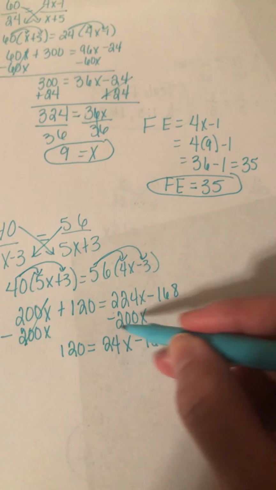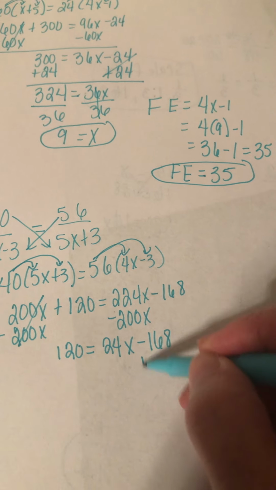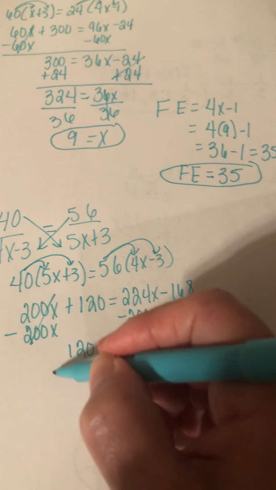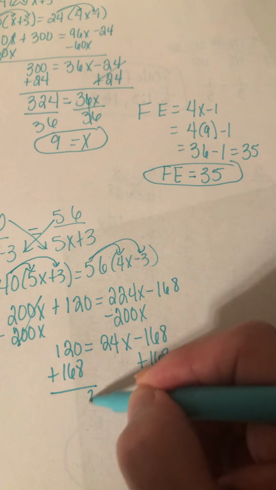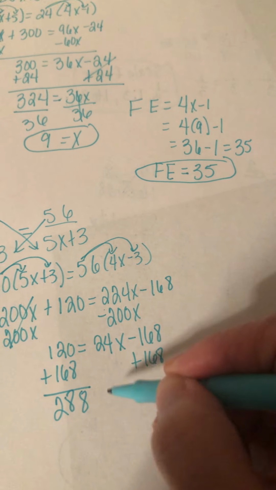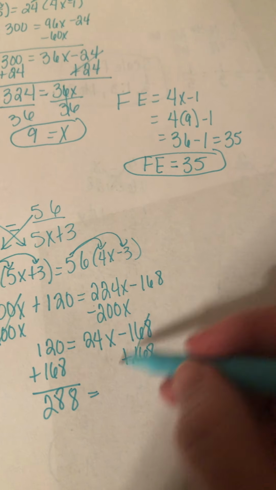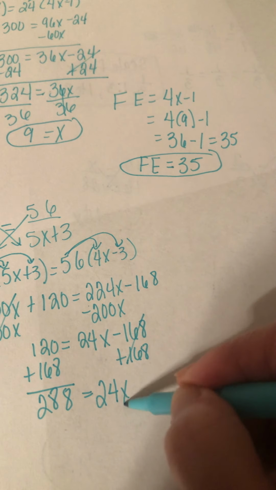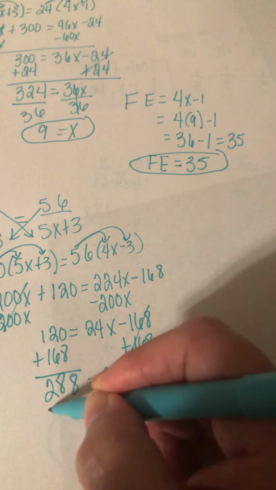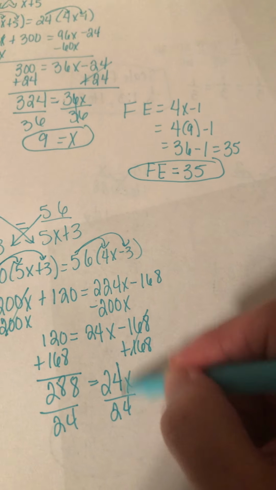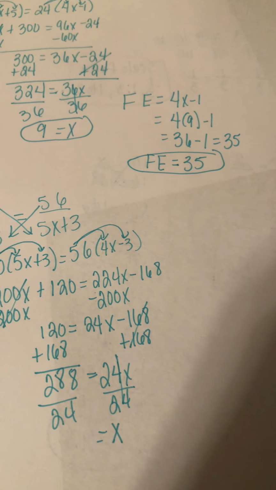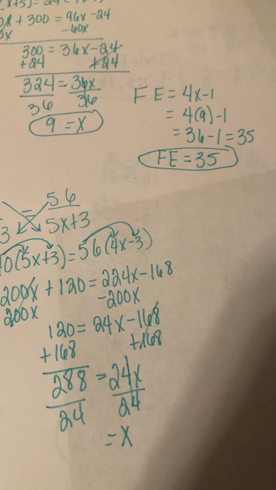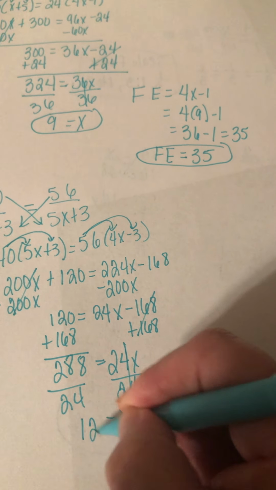So now we're going to solve for x by getting rid of everything with it. So to get rid of minus 168, we're going to add 168 to both sides. So that'll give us 288 equals, that's a 0, so I've got 24x. These two cancel out to 1. 1x is x, and I have 288 divided by 24, which is 12. But again, that's just x.